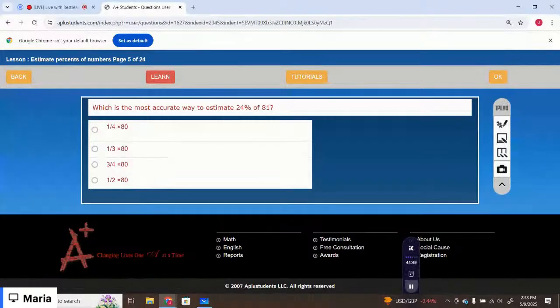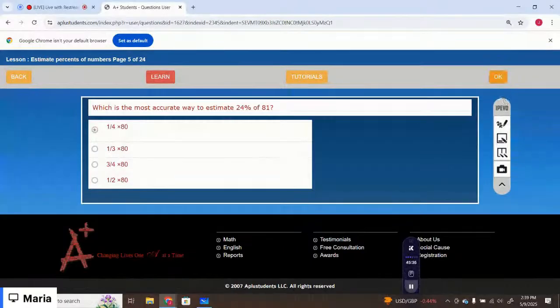Which is the most accurate way to estimate 24% of 81? That is one fourth of 80.